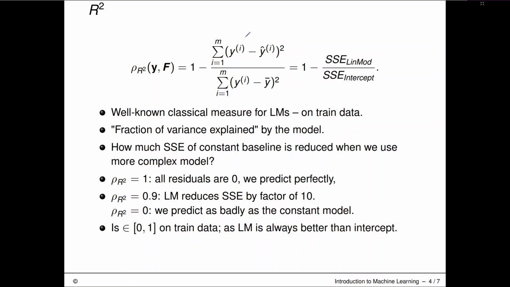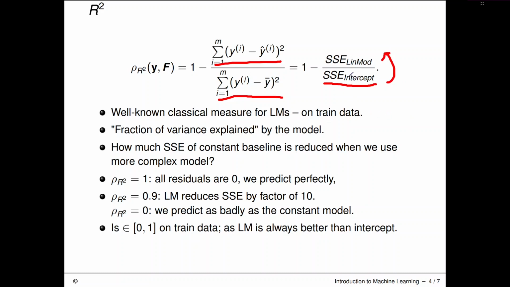In that case, we would measure the SSE of our predictions of the linear model on the training data set, and we would compare that with the SSE of a constant model that we also have fit on the training data. So what that actually tells us now is how much the SSE is reduced if we go from a simple intercept model to a more complex linear model.